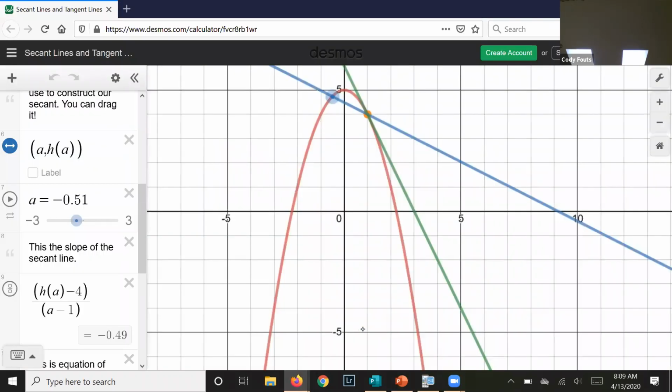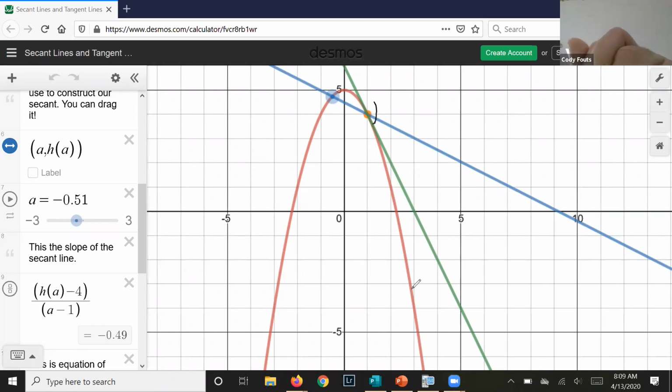Okay, so you notice here we've got a graph very similar to the one we were just looking at that has a tangent line and a secant line. The green line there is a tangent line, the blue one is a secant line.